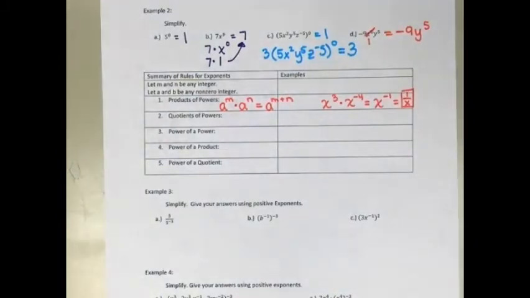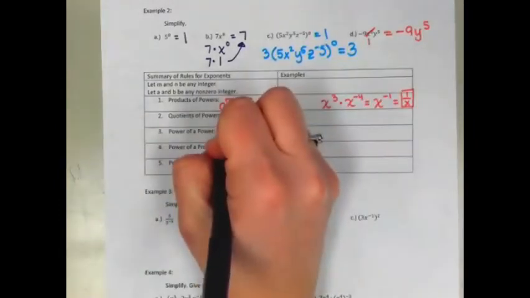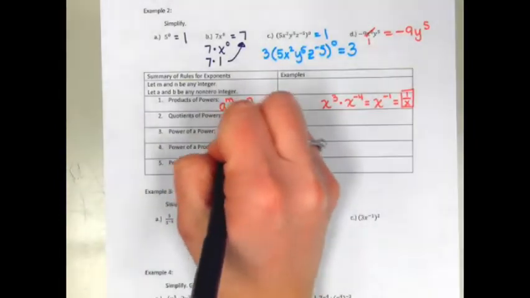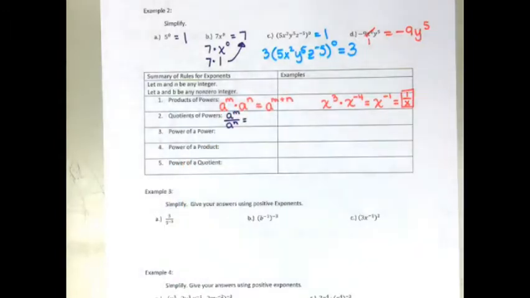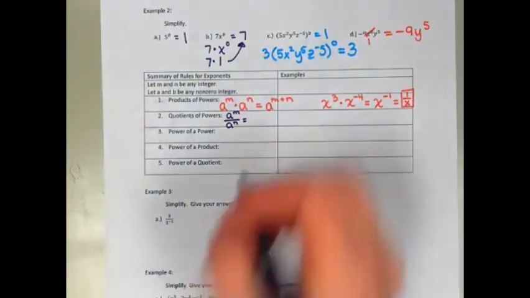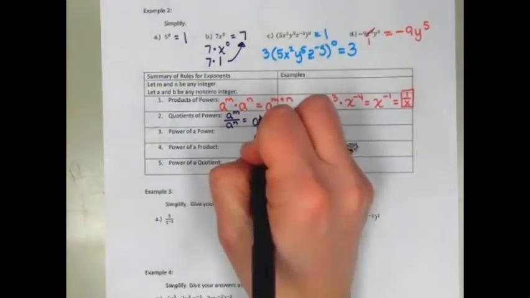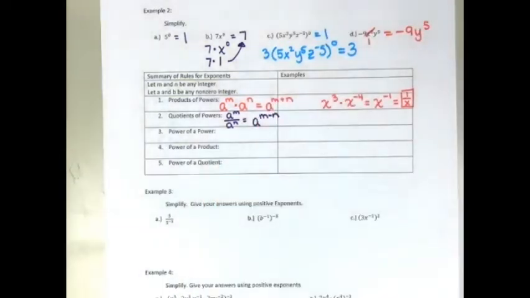All right. Quotients. A to the m divided by a to the n. We are stacked, so we subtract. So a to the m minus n. And I said m minus n here, you could do n minus m, but where does the exponent always end up?